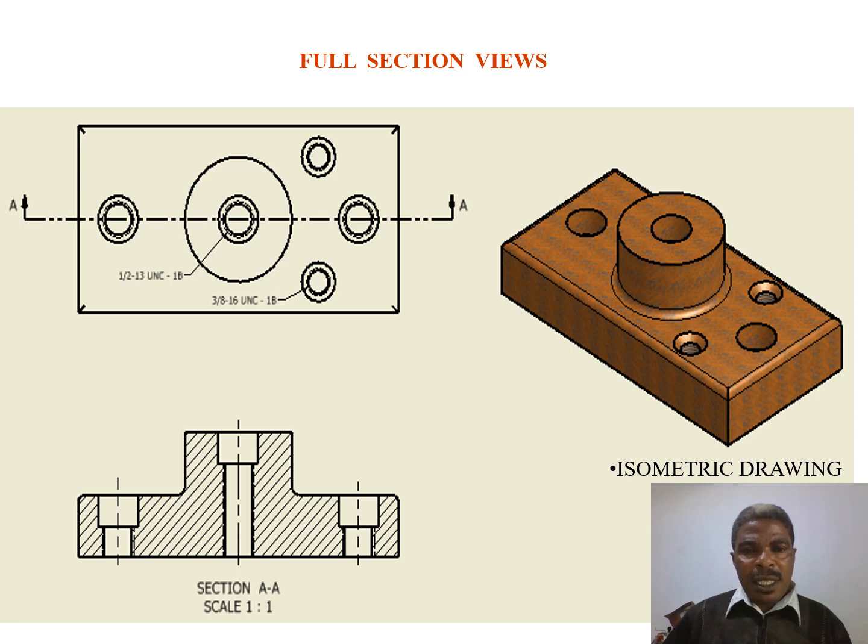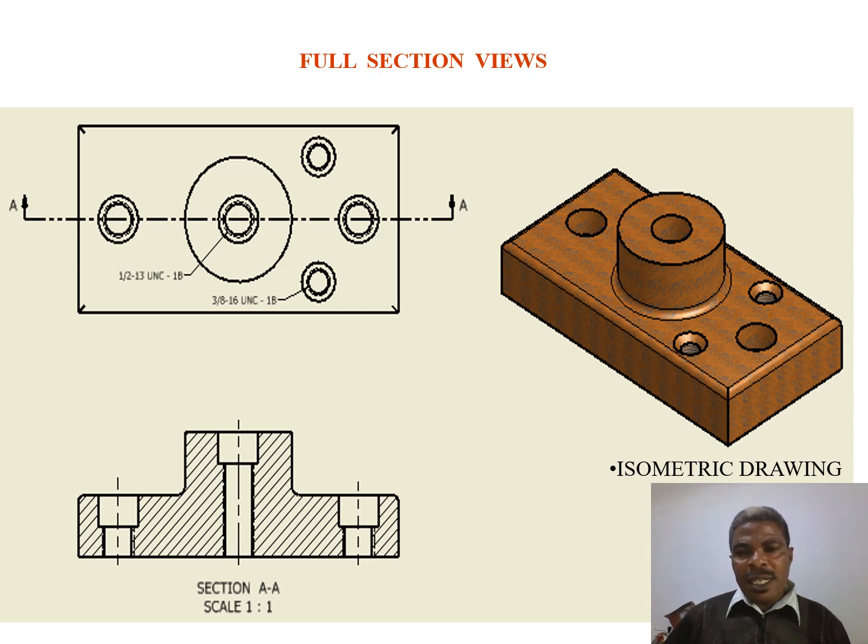This one, the other one, they are left there. But the significance was to show how this hole looks like. The shape of our holes now is clearly seen in comparison to the plan. With the sectional view, you can see the shape of the hole very clearly. So this is how the so-called full section view looks like.